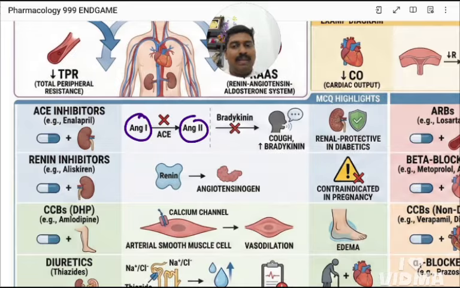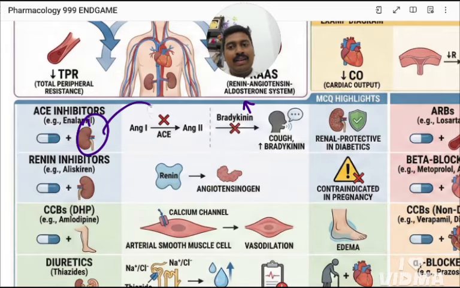Now a side effect of this drug: ACE inhibitors don't metabolize angiotensin 1, and similarly, they don't cause breakdown of bradykinin. In the lungs, the ACE enzyme normally breaks down bradykinin, but now bradykinin is increased because ACE is inhibited.